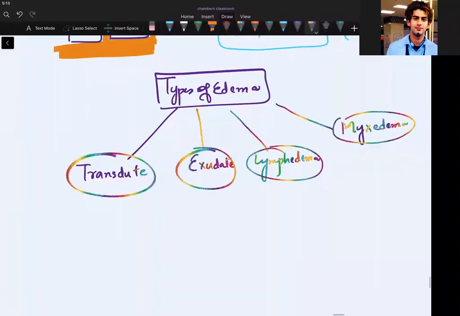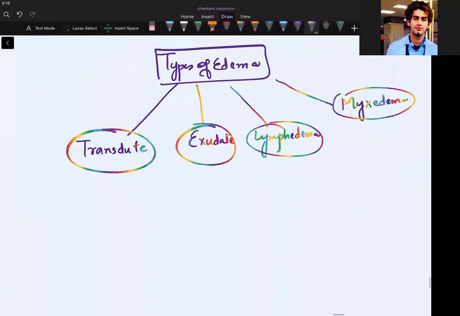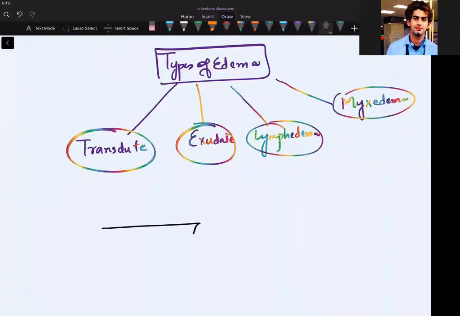So what is transudate? Listen to me. Trans means it has actually crossed without loosening of the cell junction. So the endothelial cells, if I show you this blood vessel, the fluid has crossed. These are the endothelial cells. The fluid passed through them transmembranely.